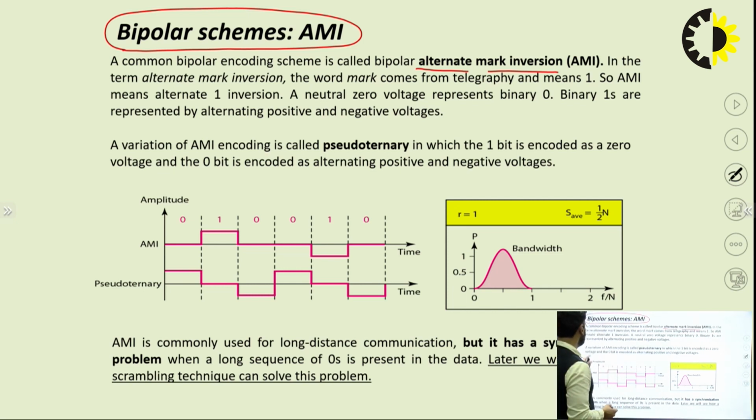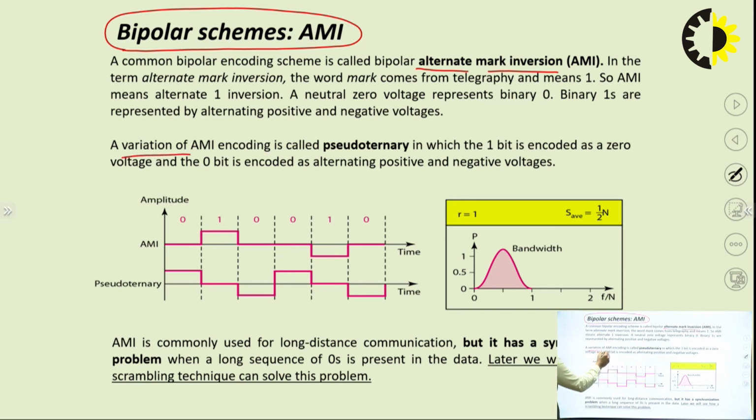So AMI means alternate 1 inversion. Whenever a 1 comes, we will invert the voltage alternately. A neutral 0 voltage will represent binary 0, and binary ones are represented by alternating positive and negative voltages.